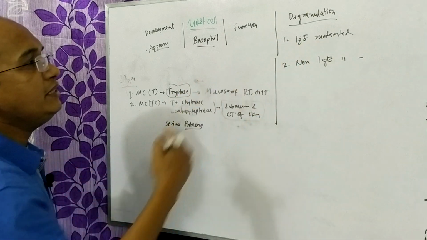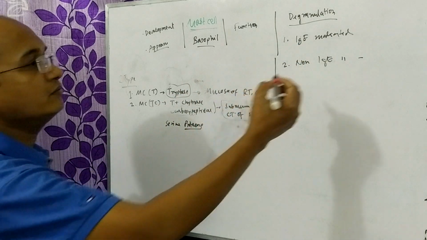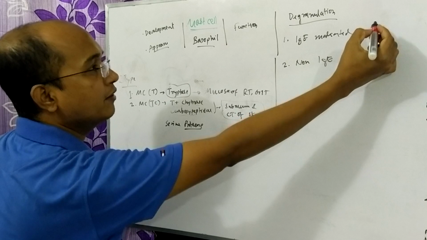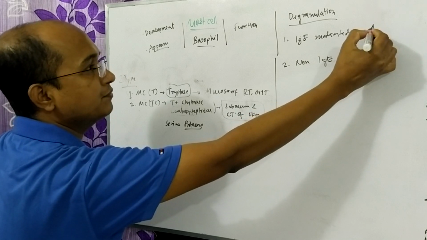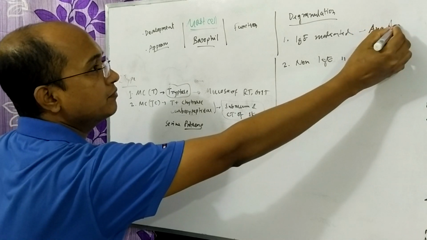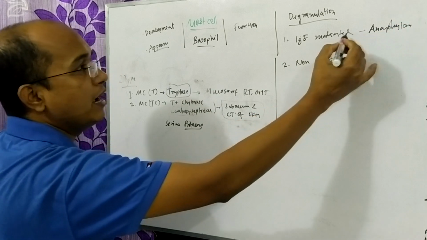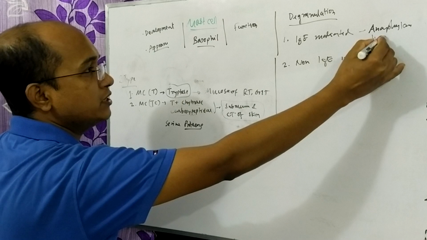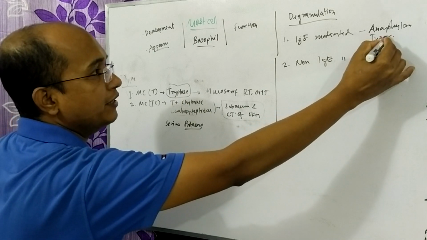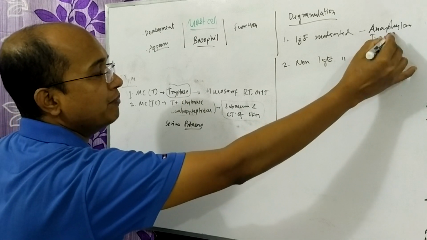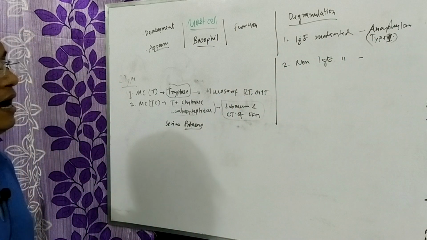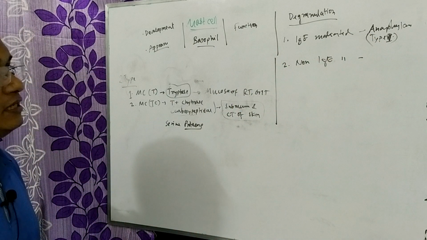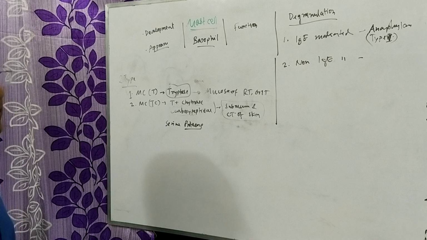The IgE mediated mast cell degranulation is called anaphylaxis, and this is also called type 1 hypersensitivity reaction. IgE mediated mast cell degranulation is called type 1 hypersensitivity reaction.